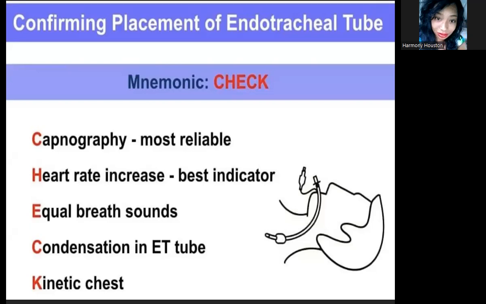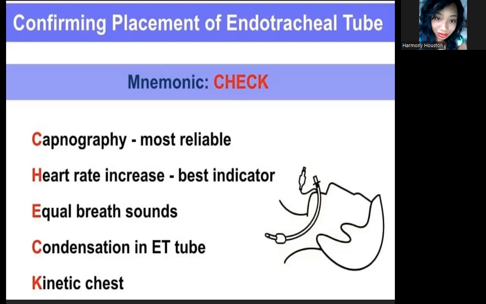Heart rate increasing is a great indicator, because if the lungs start getting oxygen, the body will increase the heart rate. Remember, it will brady down if it starts getting hypoxic, to conserve energy. Now that it's getting what it needs, it'll increase the heart rate.